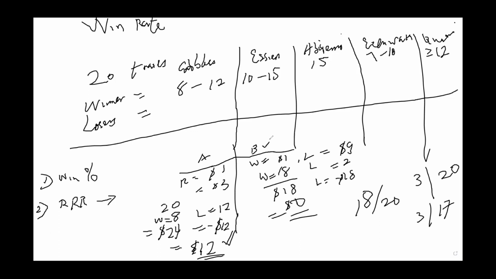Now we have a lot of beginning traders, amateur traders, let me just put it that way. They like trading this way. They believe that the number of winners that they have is what is important. So at the end of the day, they are either losing money or not making money at all.